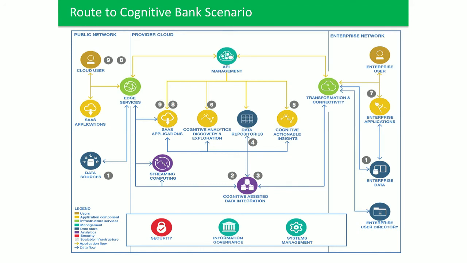Based on the data gravity, where you want to have your application running, where you want to engage with your clients, you're going to choose the different components of the reference architecture and decide where is the best place to store the data, where is the best place to process the data, and where your application is going to be running.